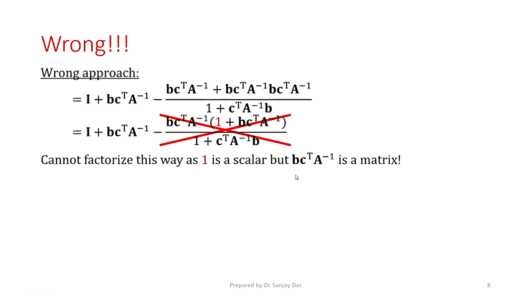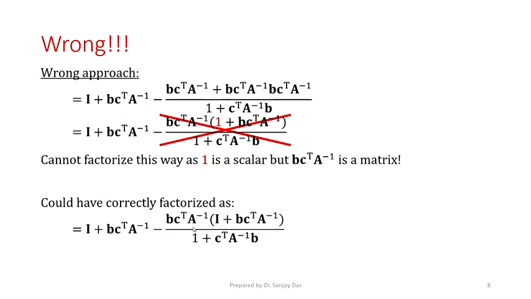Okay, let's try another way. We could have correctly factorized it. Instead of 1, I could have written I here. You see, let's say there are two matrices A and B. AB is the same thing as AIB, where I is the identity matrix, right? That acts as a 1. In scalars, it's like a 1. So that's a matrix version of a 1, the identity matrix.